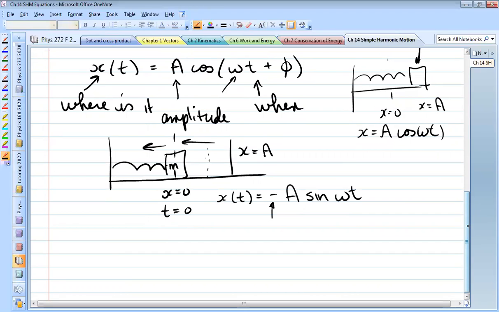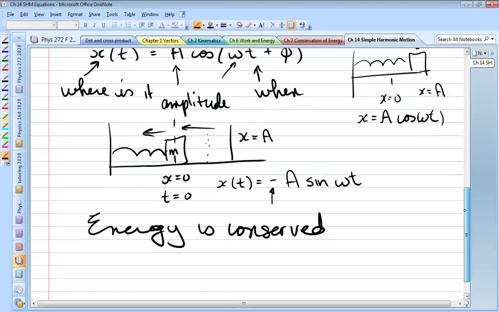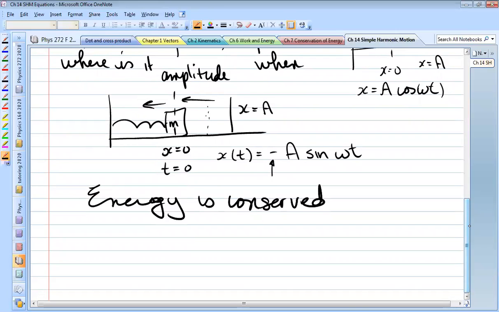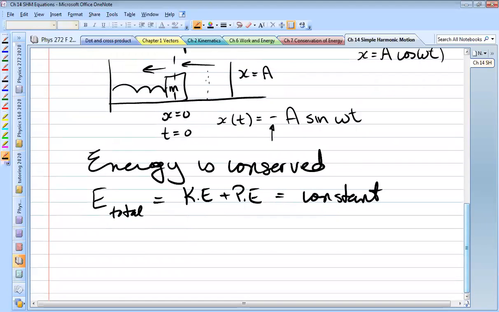Okay, now as this mass goes back and forth, energy is conserved. And it is changing between kinetic and potential, kinetic and potential. And so E total is always kinetic plus potential. This equals a constant, like 100 joules. It starts with 100 joules, it's always 100 joules. It could be any constant.